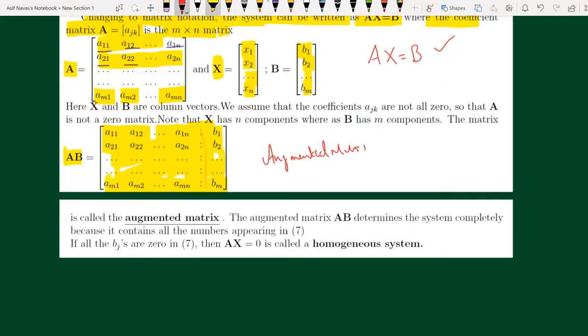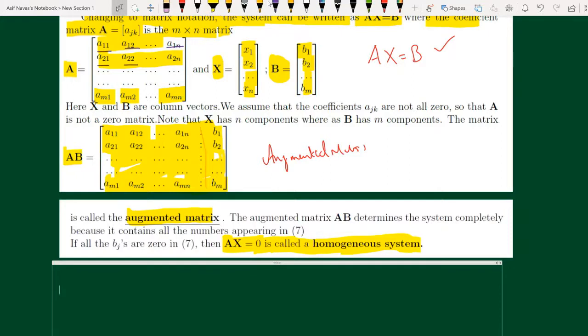This augmented matrix involves all the constants. If b equal to 0, that means Ax equal to 0 is called a homogeneous system. If our b is 0, then we call this system of linear equations a homogeneous system.